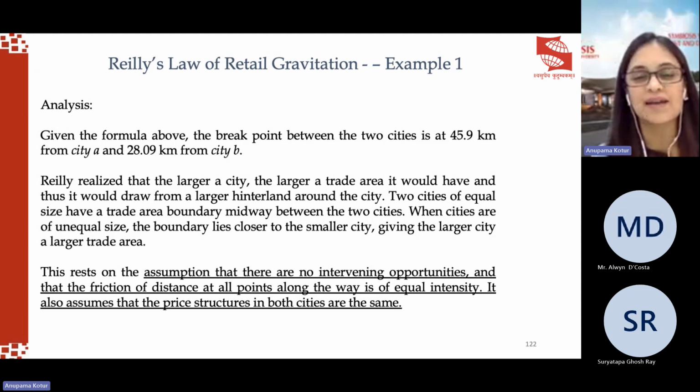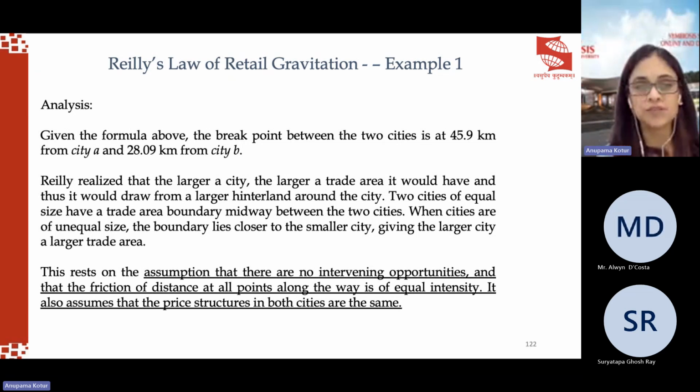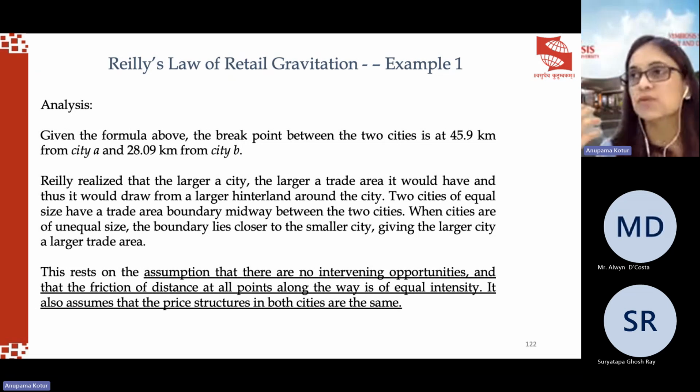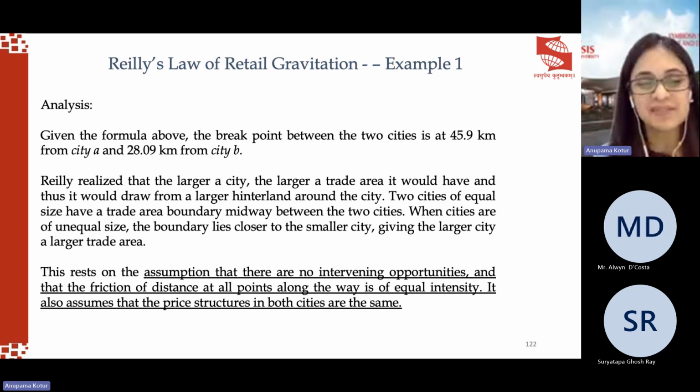And please understand that each of these mathematical models that we have discussed, one cannot use these in isolation and say that based only on this solution, I'm going to choose the retail location.